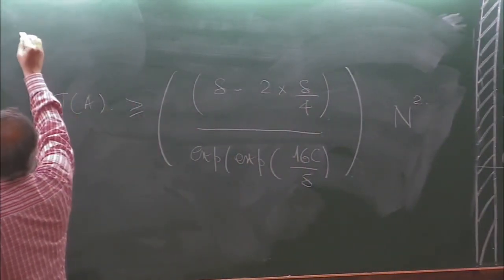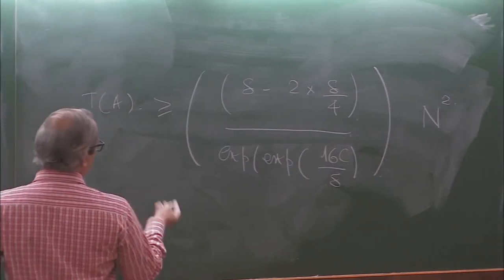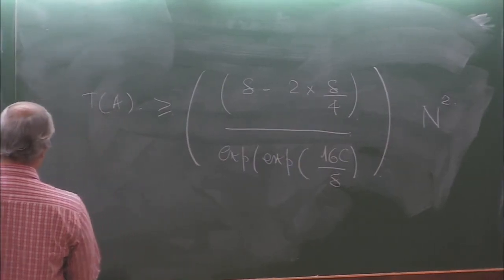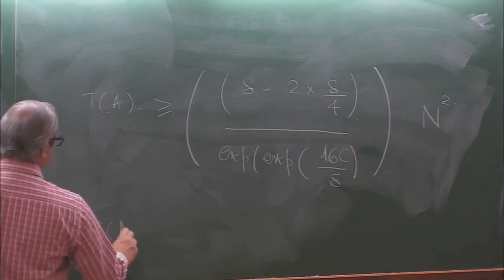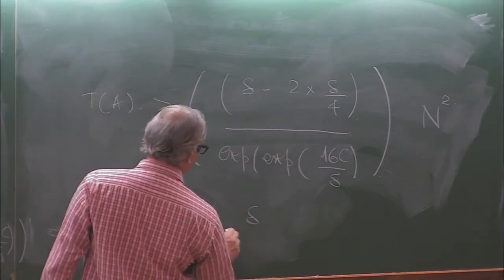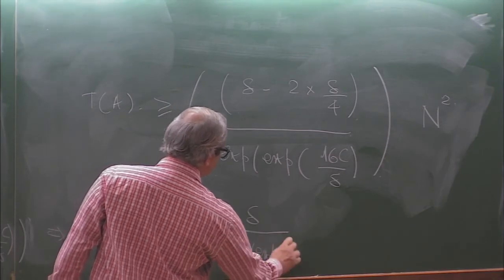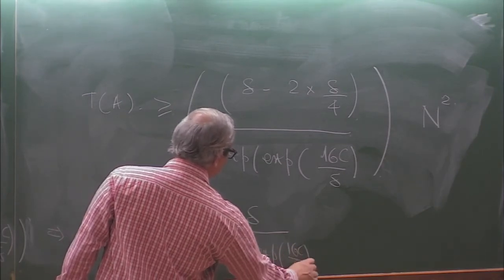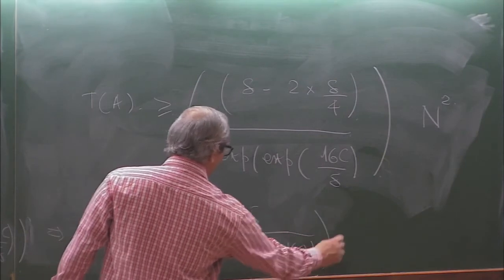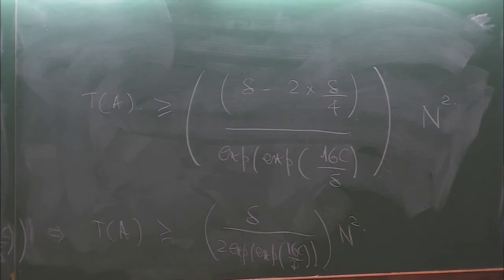So we then get that if the cardinality of A is greater than delta n and n is large enough, this implies that TA is larger than delta by 2 times exponential 16 constant by delta times n squared, under the hypothesis that cardinality of A is greater than delta n and n is larger than this number.